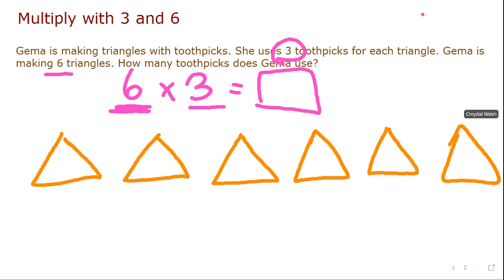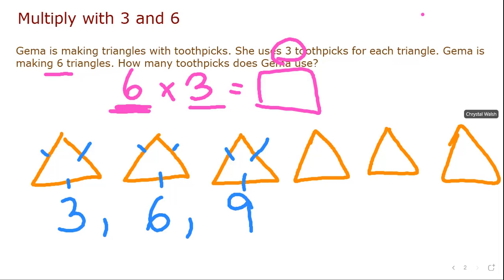Instead of counting each individual side this time, I'm going to do some skip counting, okay? Because I know this first triangle has 1, 2, 3 sides, right? If I add 3 more, 4, 5, 6, my next number is 6. I'm going to count up each time. 6, 3 more is 7, 8, 9.